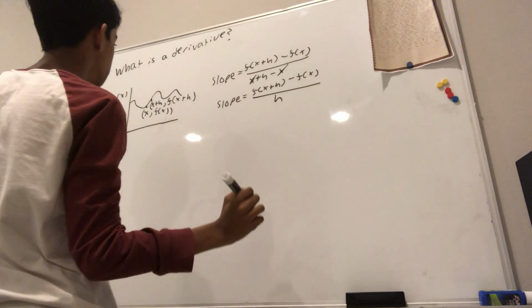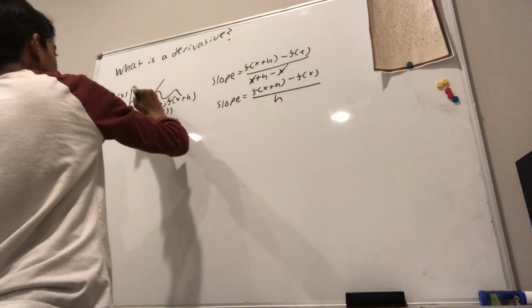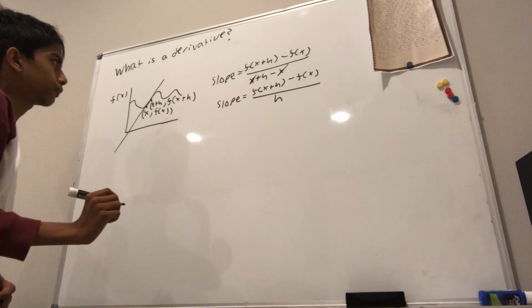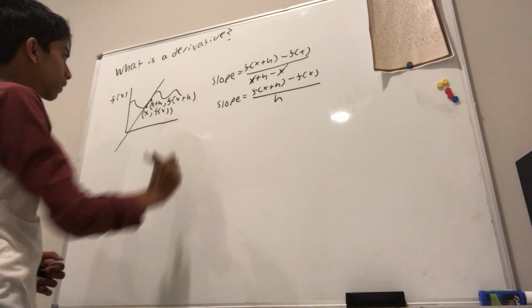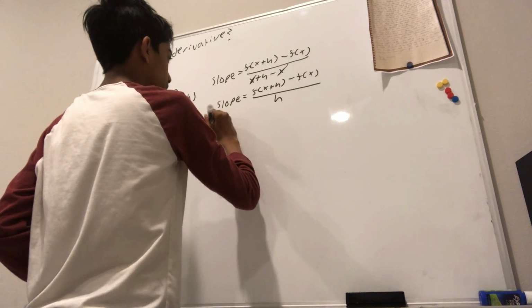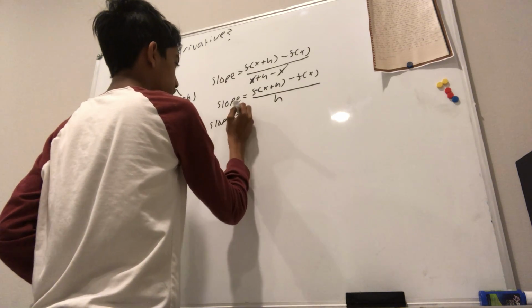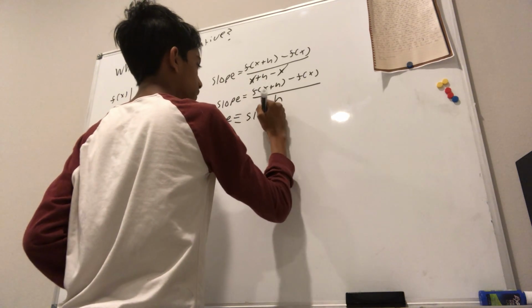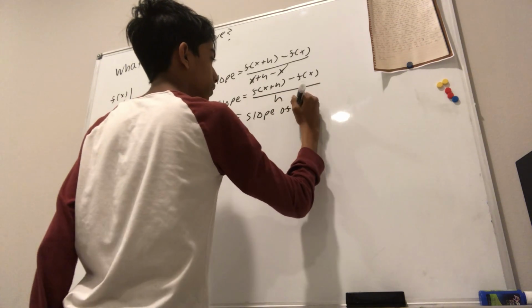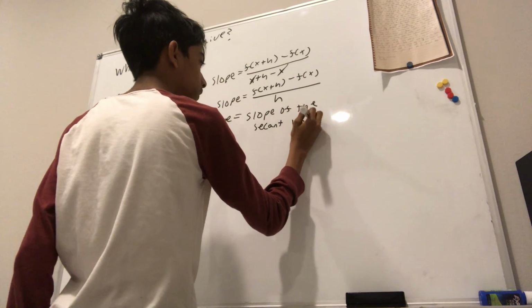So this would just be the slope between these 2 points, and the line that this creates is called the secant line. So the slope equals the slope of the secant line.